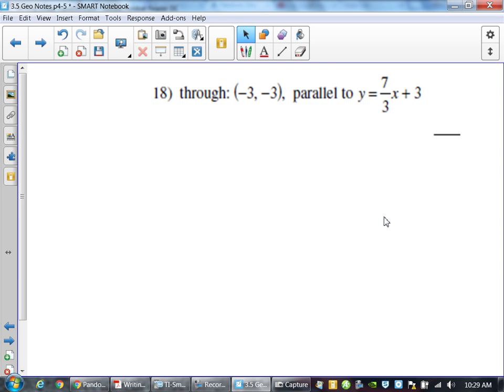So if I want to write the equation of the line that is parallel to that, I have to first of all identify my original slope. One of the things we're going to work on today a lot more is when you have an equation of a line that does not have y by itself yet. In this case, we've got y by itself, so we don't have to worry about anything. What's the slope of this line?